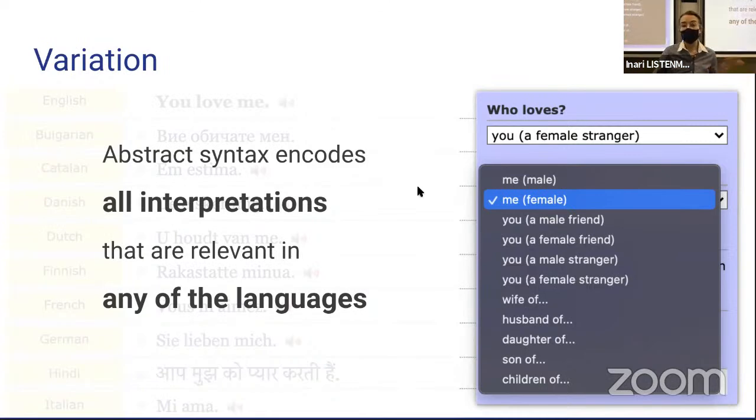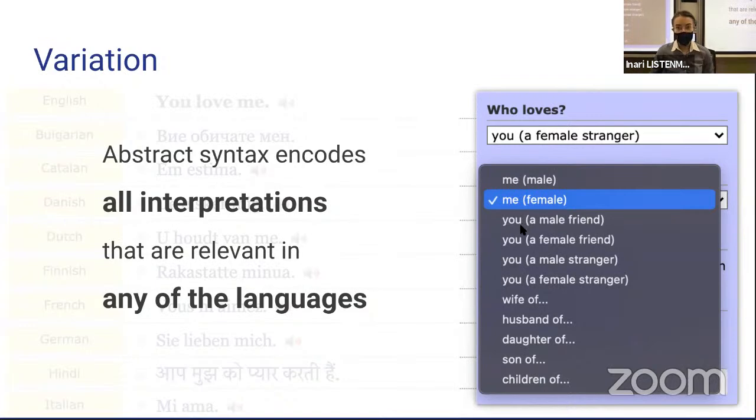So it might be that none of the languages has this four-way distinction, but maybe some language has a difference between male and female, and another language has a difference between a friend or a stranger, like informal and polite. But it doesn't matter, because when we parse in English, you love me, it's an ambiguous string, and then we will get all of the possibilities.